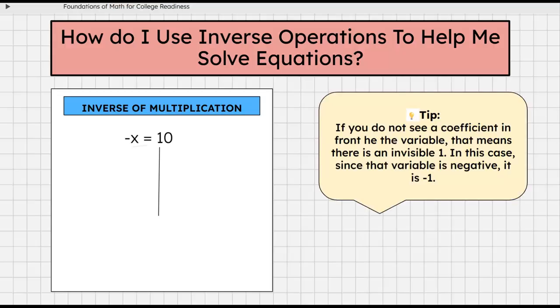But I do want you to remember that if you do not see a coefficient in front of the variable, that means that there is an invisible 1. In this case, since there's a negative, it's going to be a negative 1. So the coefficient is really negative 1. In order to solve this problem, we have to divide both sides by negative 1. And when we divide both sides by negative 1, we will get x is equal to negative 10.